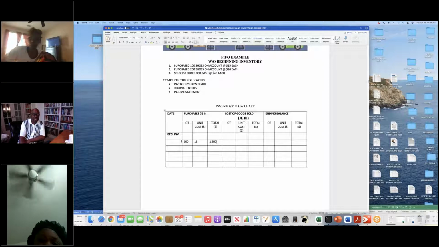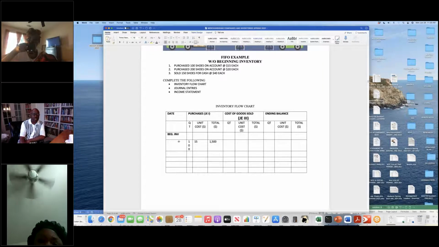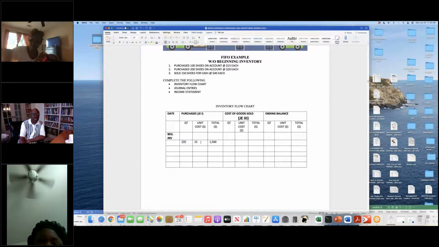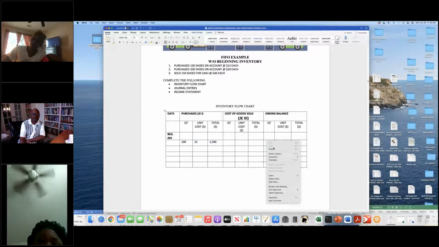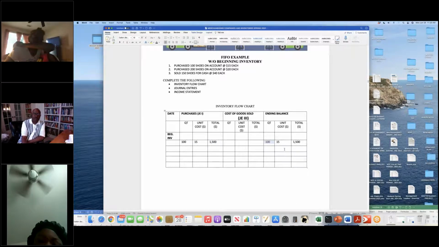Whenever we buy something like that, we copy it and put it in the balance column. So this is where we keep track of what's there.